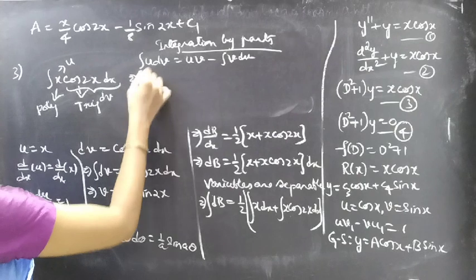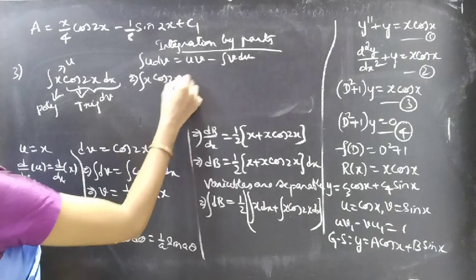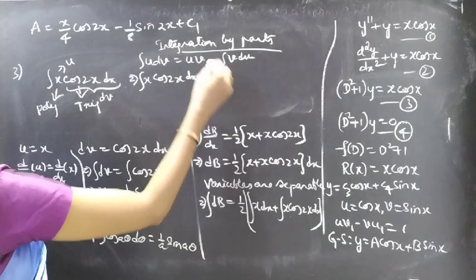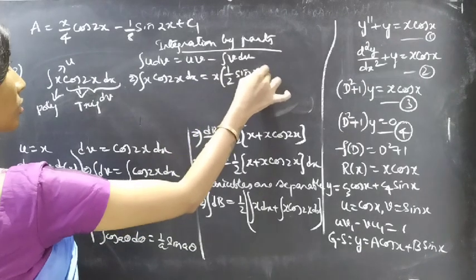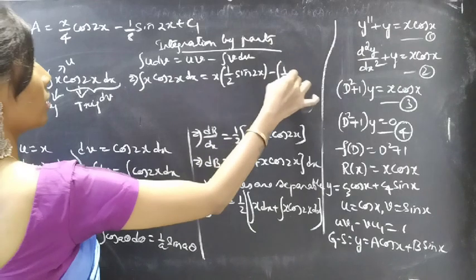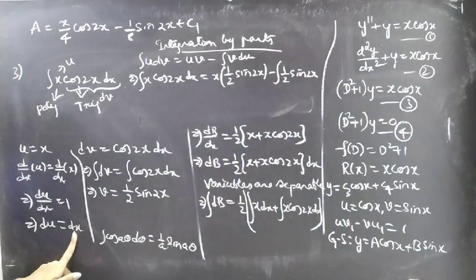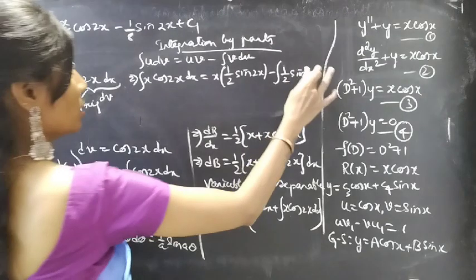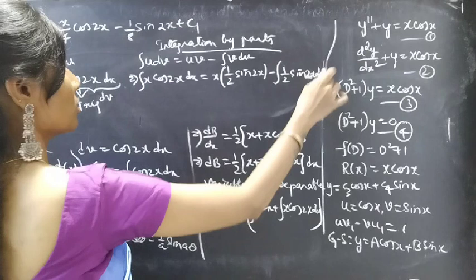Now apply the formula: integral u dv, with u equal to x and dv equal to cos 2x dx, equals u into v, which is x into 1 by 2 sine 2x, minus integral v du, which is 1 by 2 sine 2x into dx.